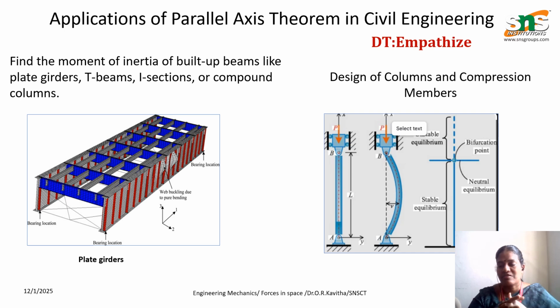Nowadays we use software for analyzing any structure; the main software we use is STAAD. In this software, all the properties of the sections are inbuilt. If you give the inputs, the size and the shape, it will take the properties automatically.